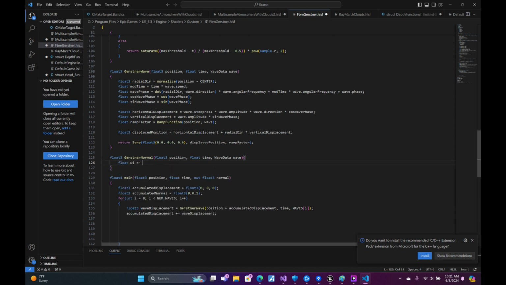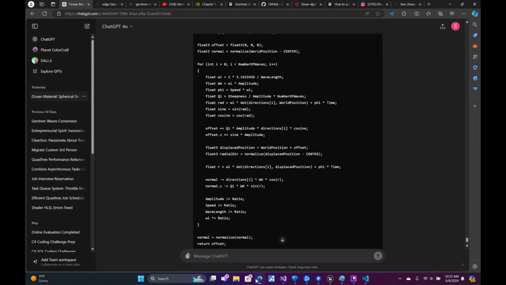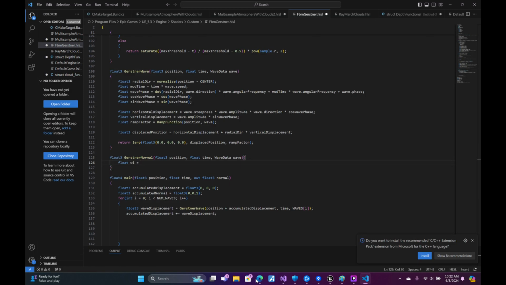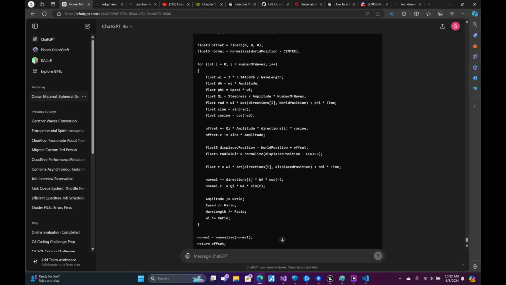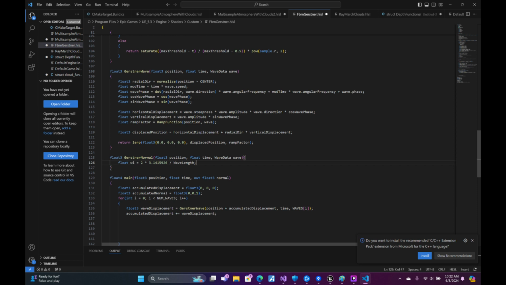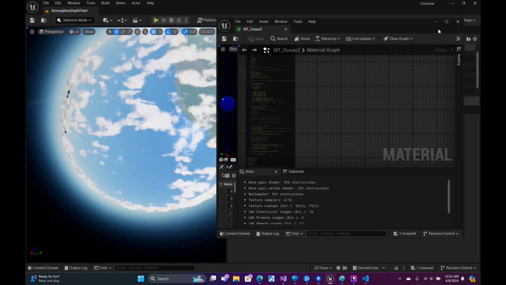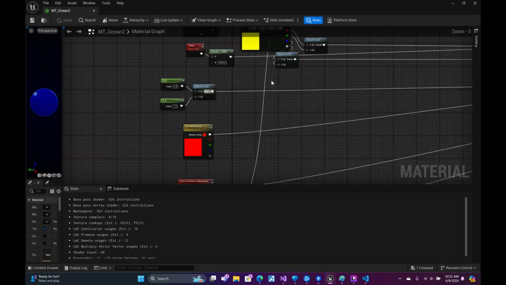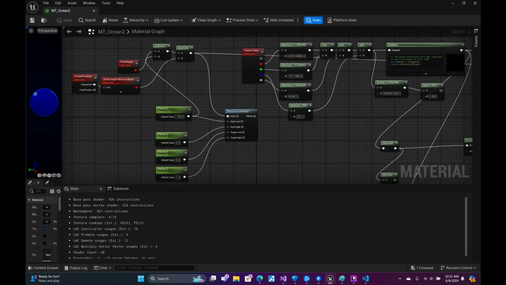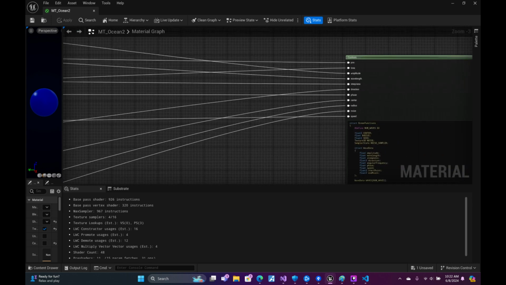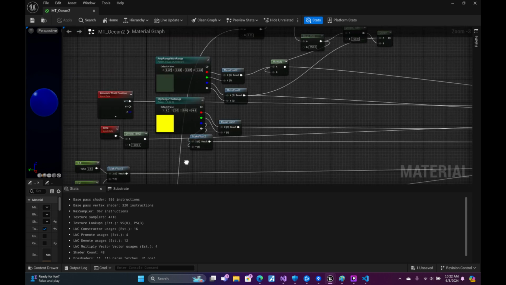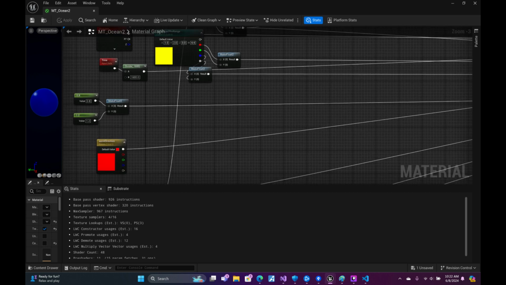I equals two times pi divided by wavelength. Am I doing that in the material here? Because we should probably not. We're not.